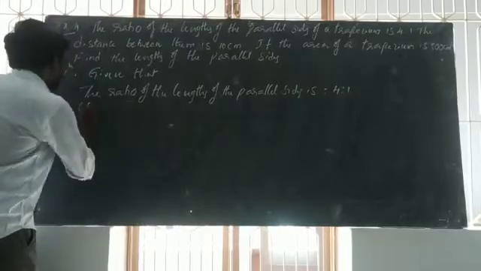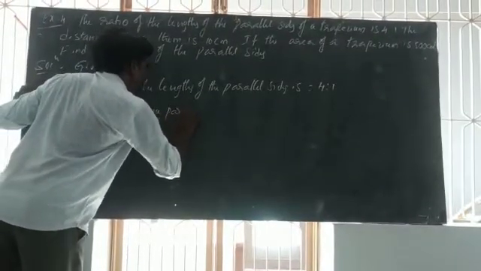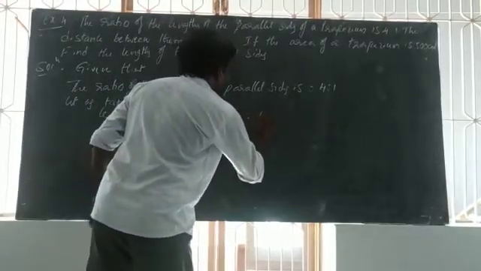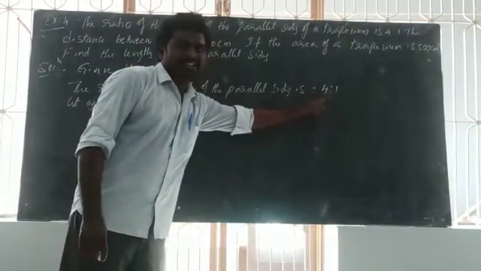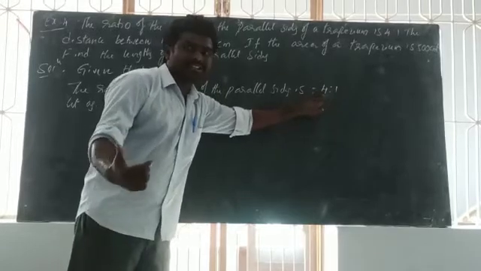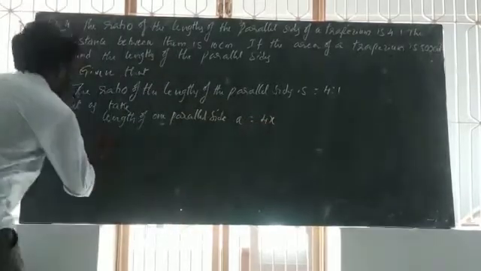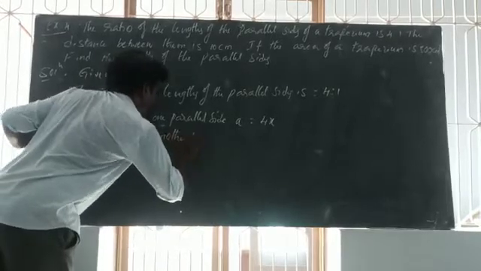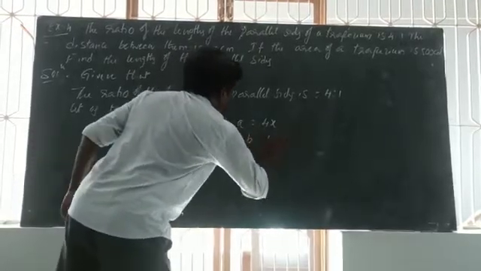So let us take the length of one parallel side, a is equal to 4x. That is, the first parallel side is 4x. Next, the length of another parallel side is b is equal to 1x.